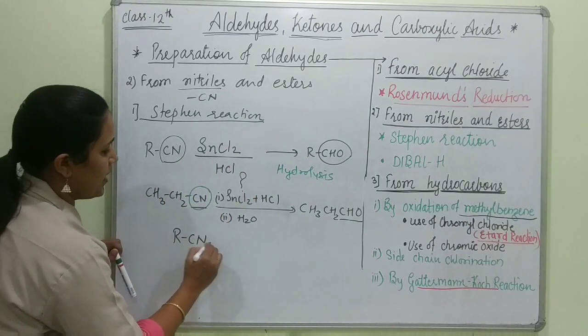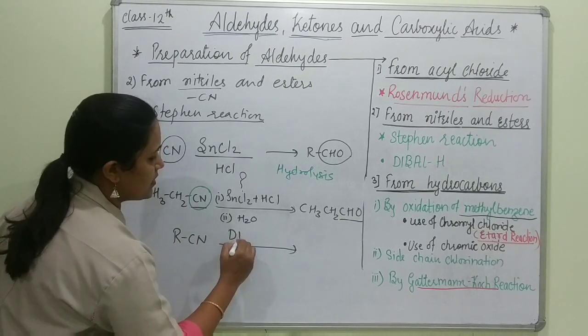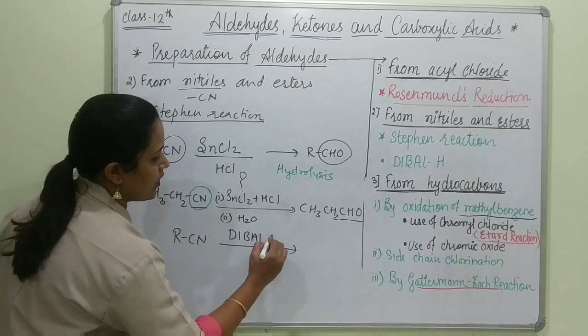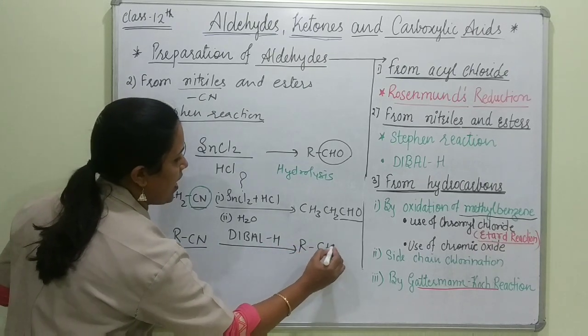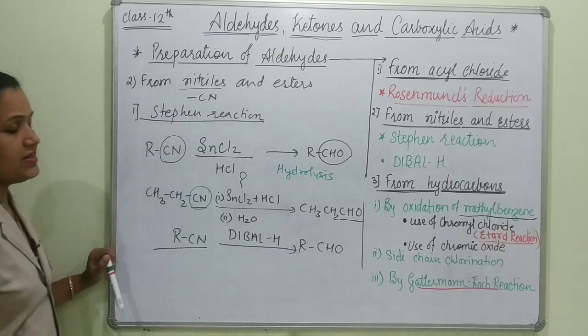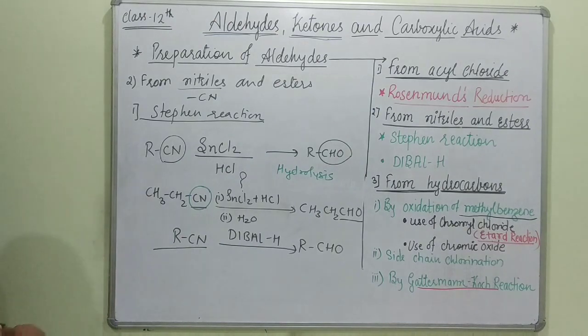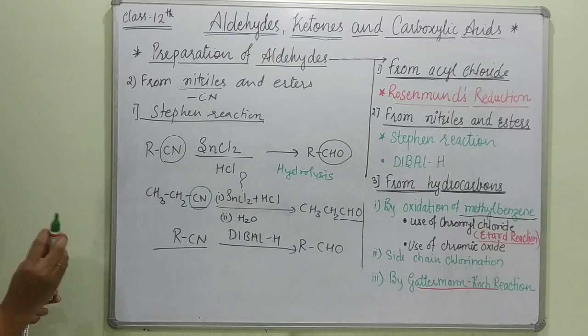If we have another nitrile, with the help of DIBAL-H we can convert the RCN group to RCHO. It means nitrile group directly to aldehyde with the help of DIBAL-H.